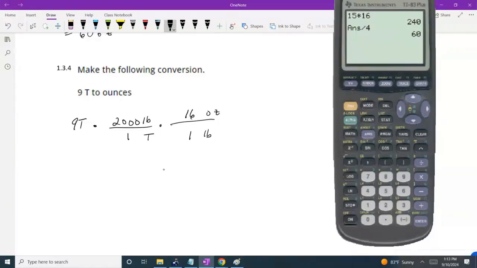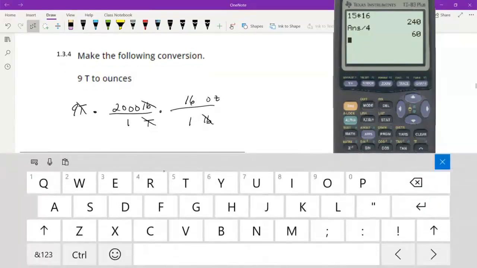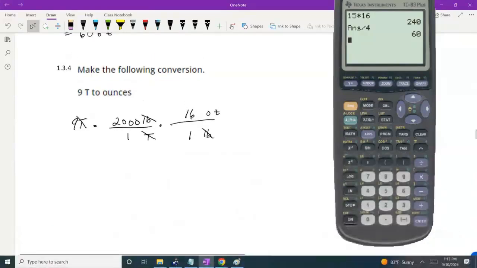So when we multiply, the unit of tons will cancel, the unit of pounds will cancel, and we're left with ounces. So now I'm going to multiply my numerators. So I'm going to multiply 9 times 2,000 times 16. In my denominator, 1 times 1 is 1.